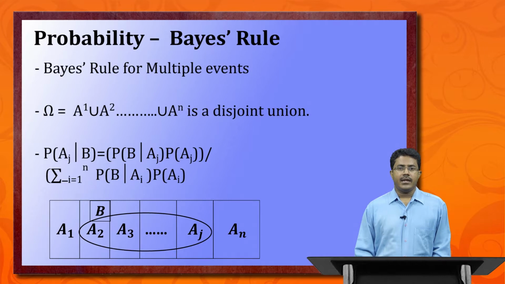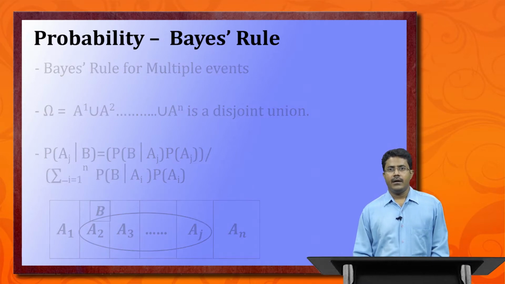So in the numerator we use the event Aj, and in the denominator all the possible intersections of the event B with the events A.